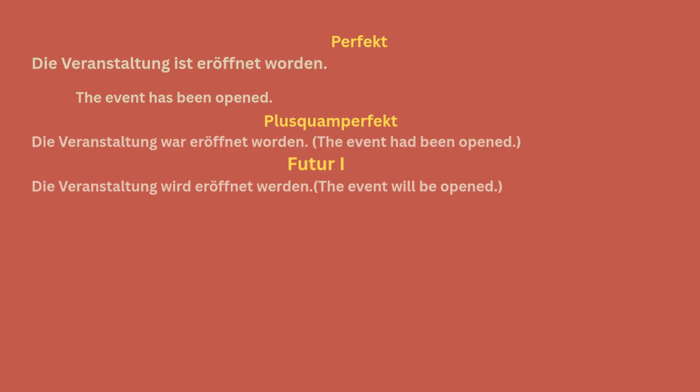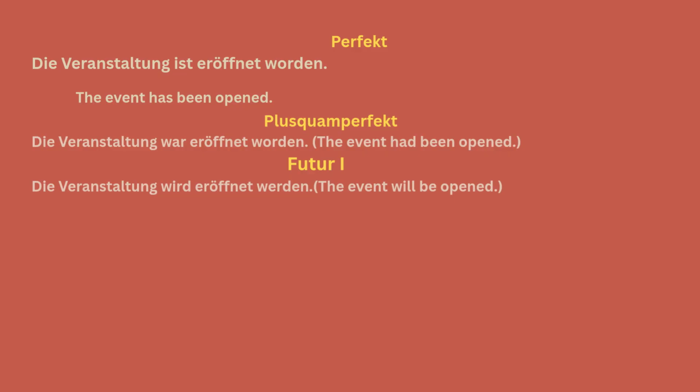You understand? Now I can explain Plusquamperfekt. It is quite difficult, but let me explain it. Here, the passive action was completed before another event in the past, like, die Veranstaltung war eröffnet worden, means the event had been opened.